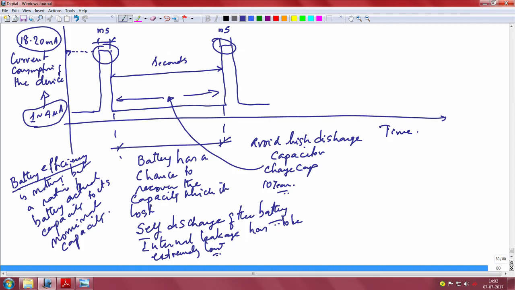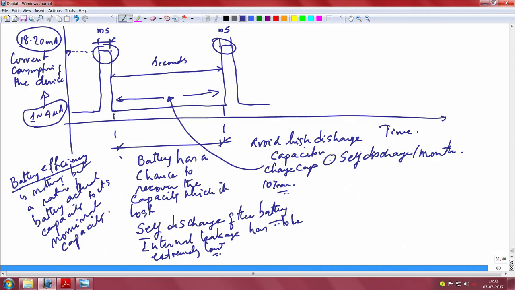Basically the manufacturer will tell you the discharge per month. This will come from the manufacturer.